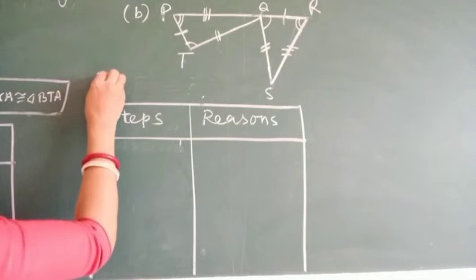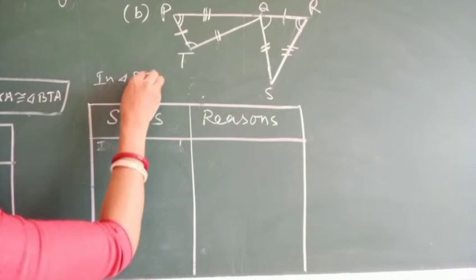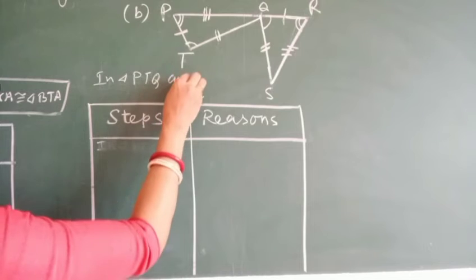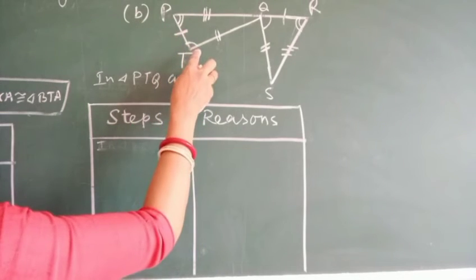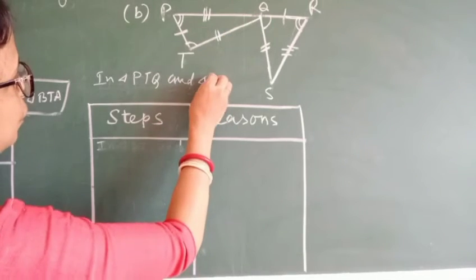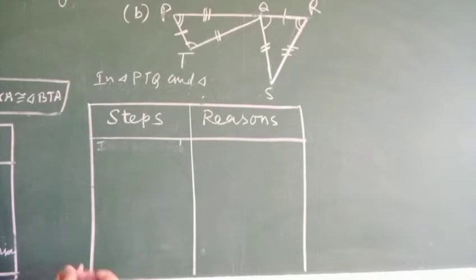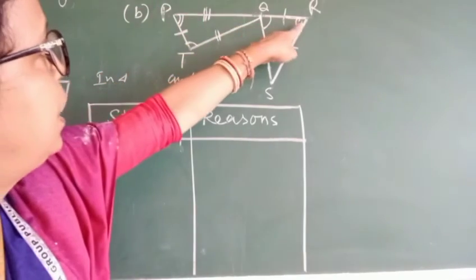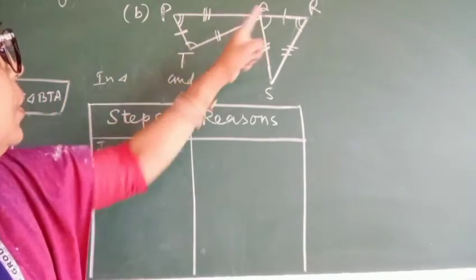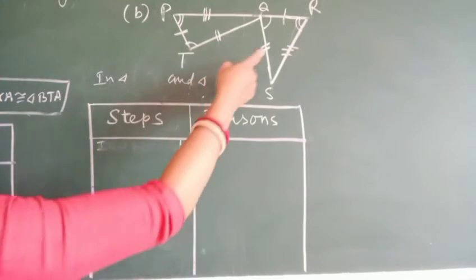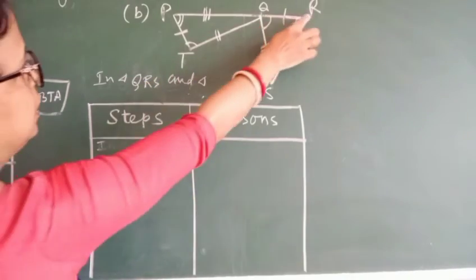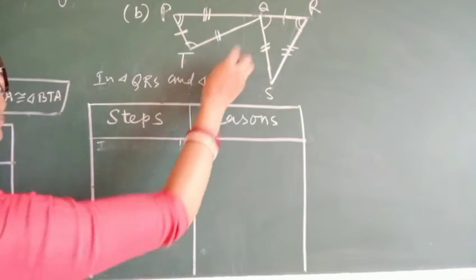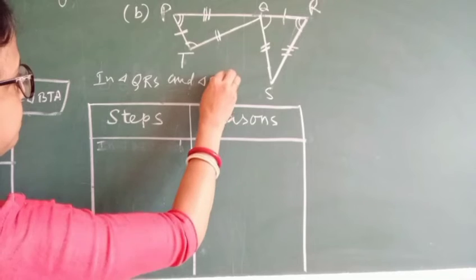In triangle PTQ, or you can write TPQ, as P and R are the same, T and Q are the same. And triangle QRS.